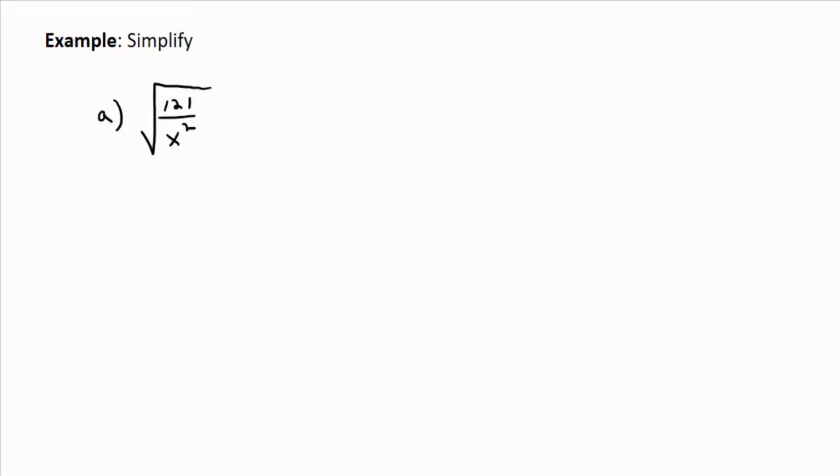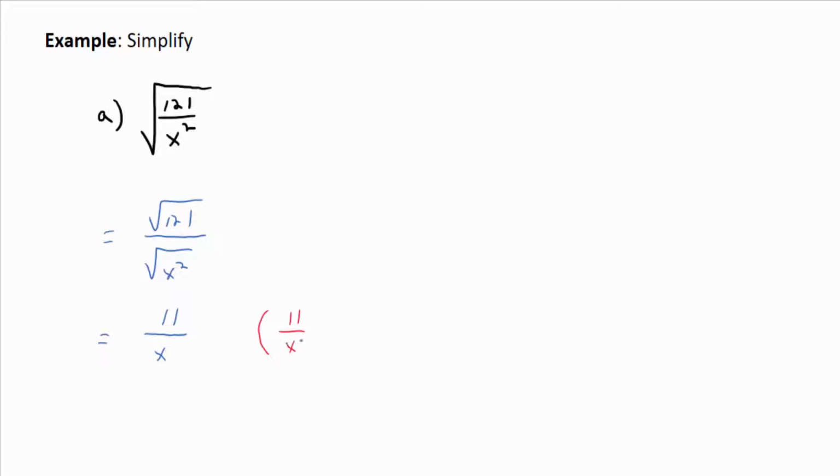So I'll bet you could have done this one without me talking about it today. It's the square root of 121 over the square root of x squared. So if we assume variables are non-negative, what are we going to get for a final answer here? 11 over x. And I'll just put parenthetically, or 11 over what if you don't make the assumption that variables are non-negative?